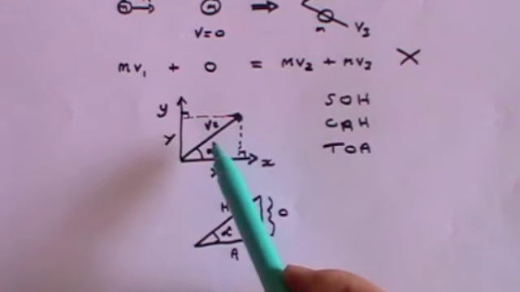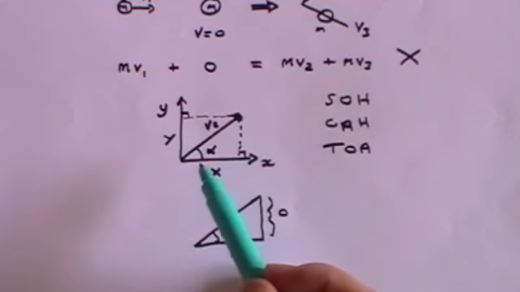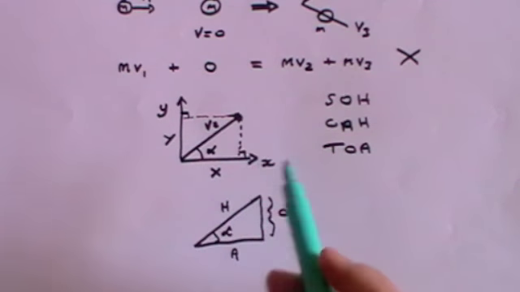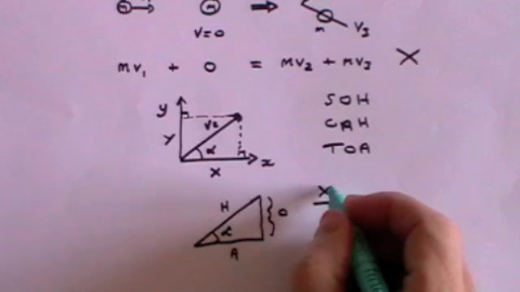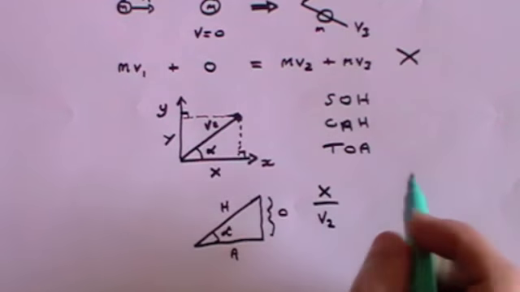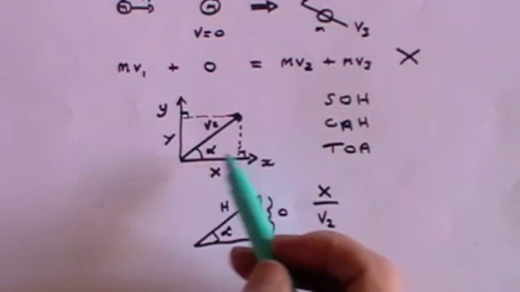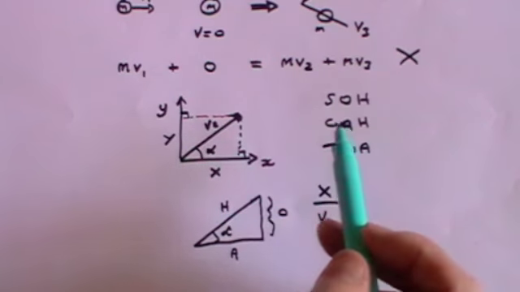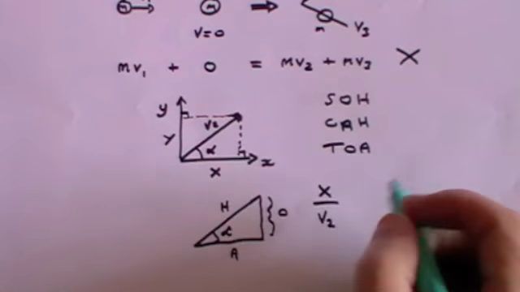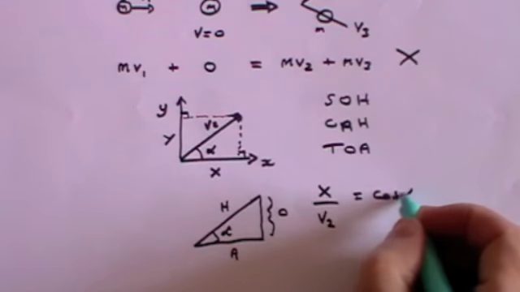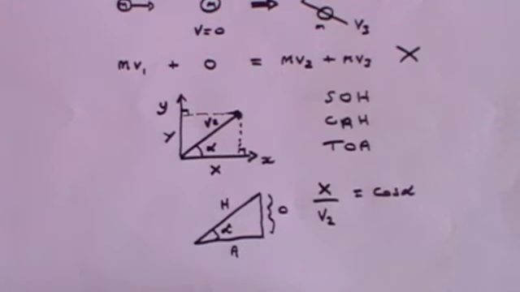Well, if we go back to this here and we want to know what x is, we can say that x divided by v2, which is the vector, is the equivalent of the adjacent over the hypotenuse. And the adjacent over the hypotenuse is equal to the cosine of the angle, which is alpha.